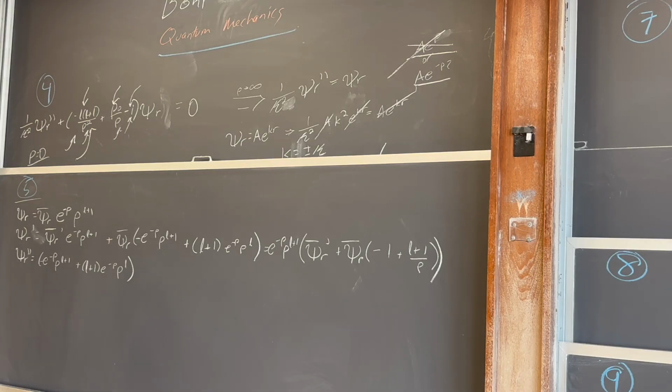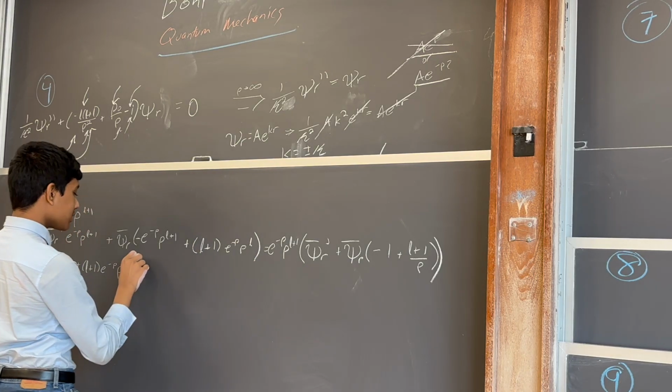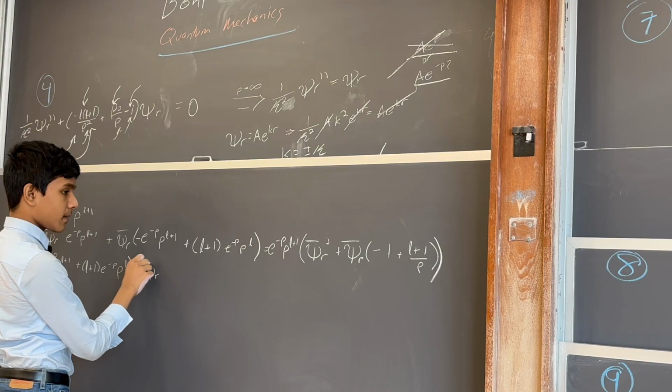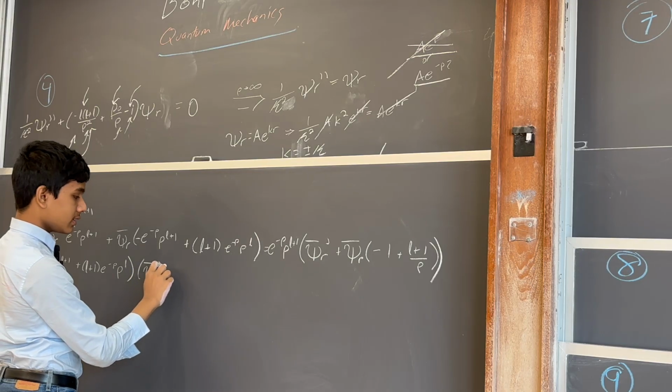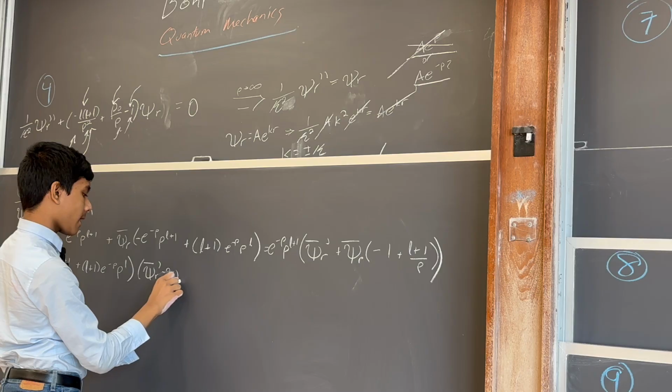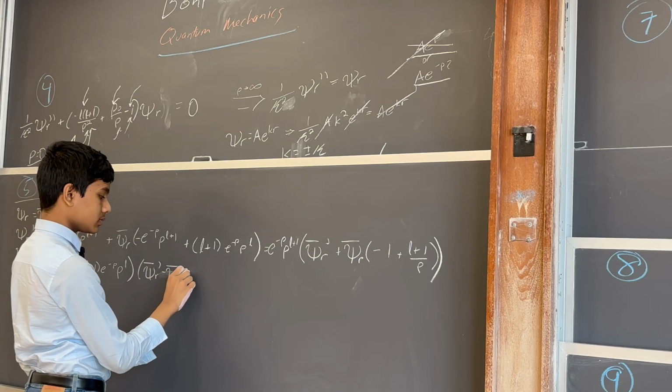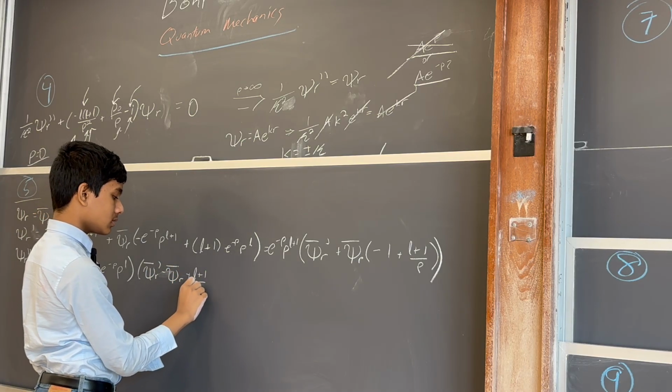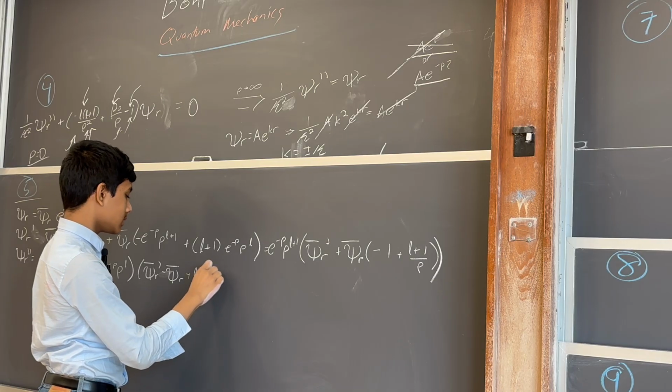Now you multiply that by this without a derivative: bland function derivative, minus bland function, plus l plus 1 over rho times the bland function.